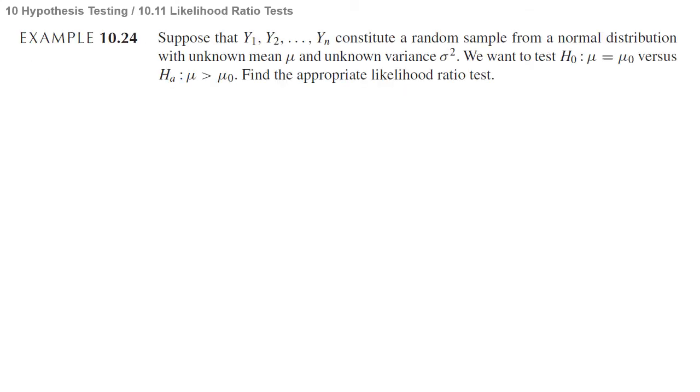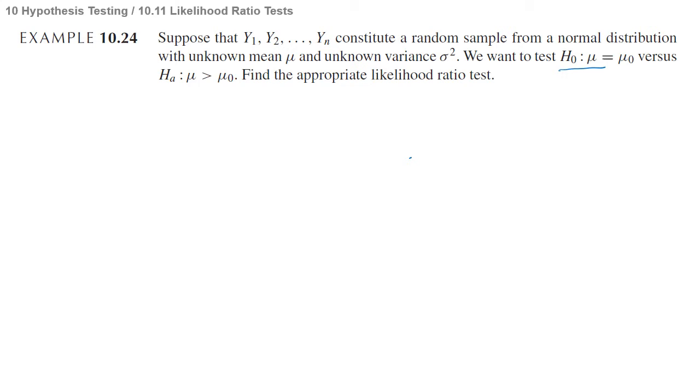Let's move on to example 10.24. Suppose that y1 to yn constitute a random sample from a normal distribution with unknown mean mu and unknown variance sigma squared. We want to test the null, mu equals mu 0, versus the alternative hypothesis, mu greater than mu 0. Find the approximate likelihood ratio test.